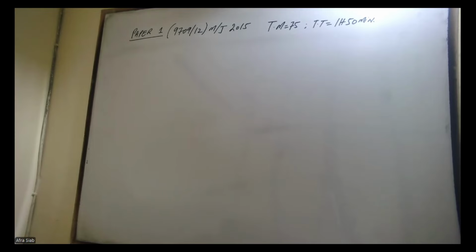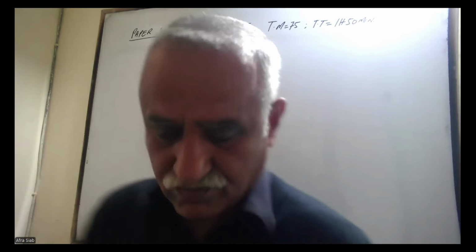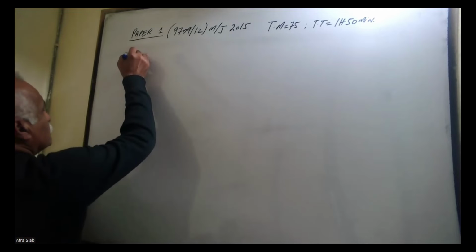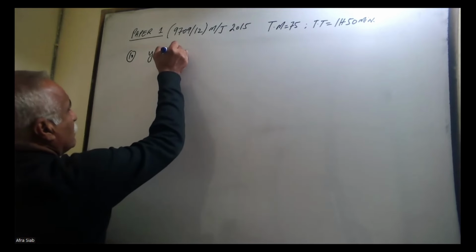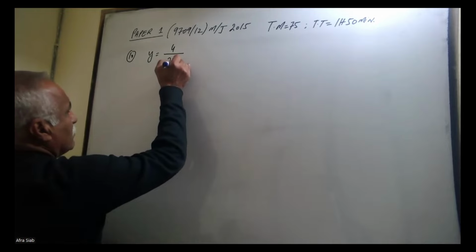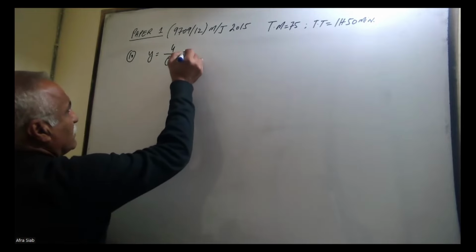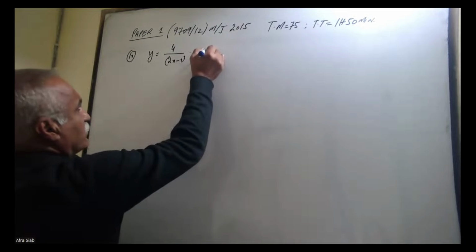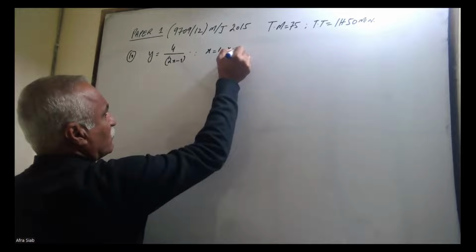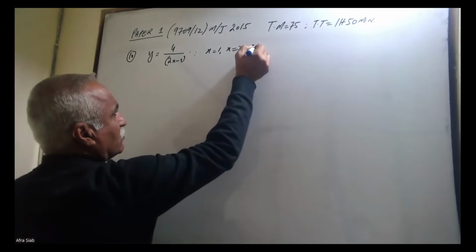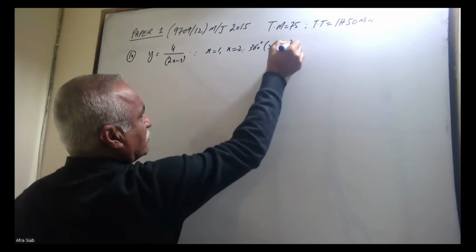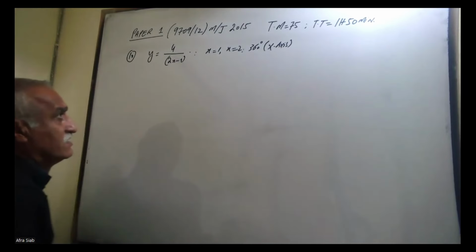So question number 10. y equals 4 over 2x minus 1 is the equation of this curve, and you are going to find the volume when it is rotated from x equals 1 to x equals 2 through 360 degrees about the x-axis.